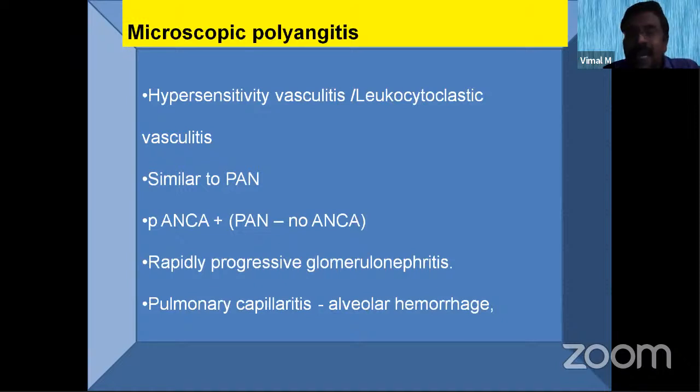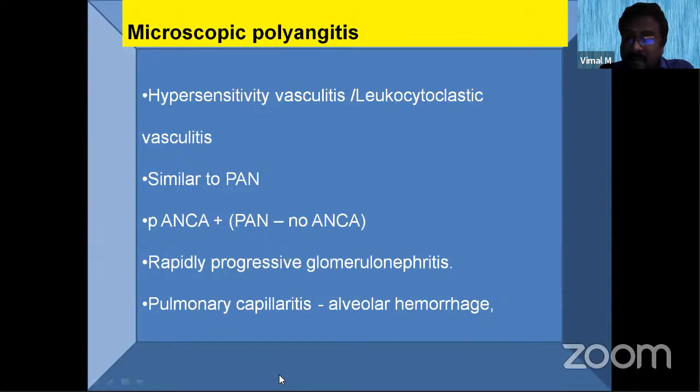Clinically, they will say it as LCV. LCV stands for leukocytoclastic vasculitis. All the clinical features will be similar to polyarteritis nodosa. And here the interesting finding is P ANCA will be positive.